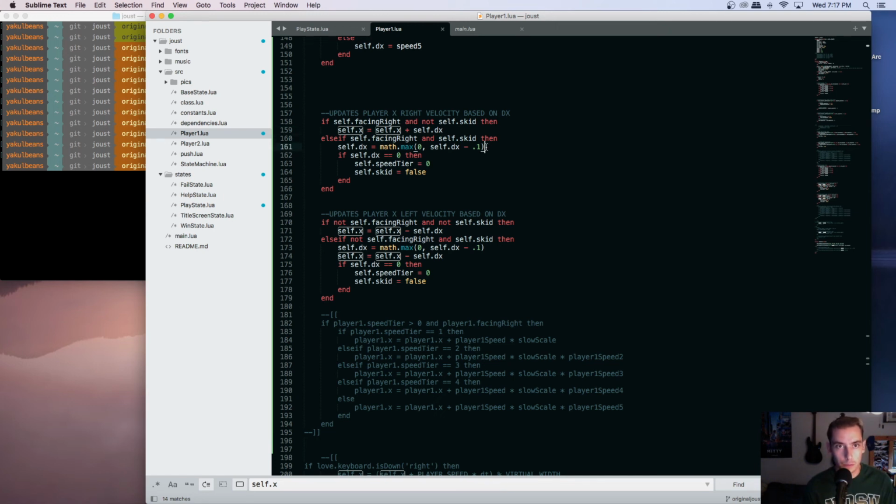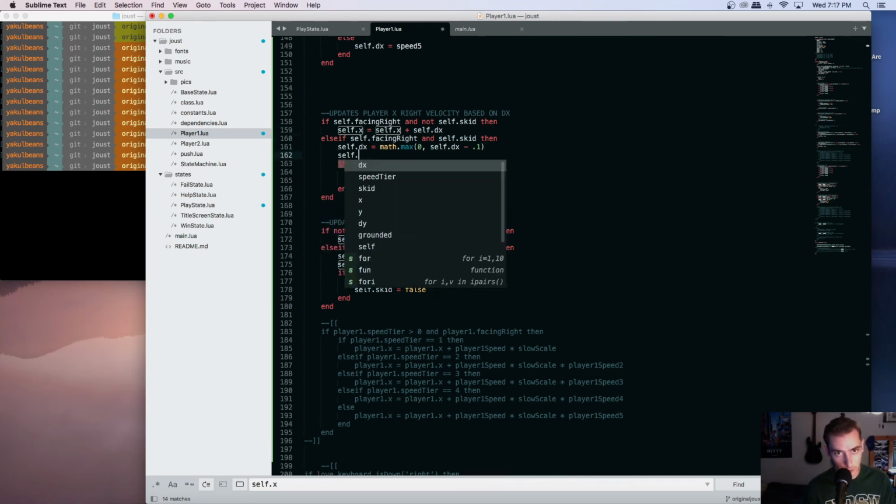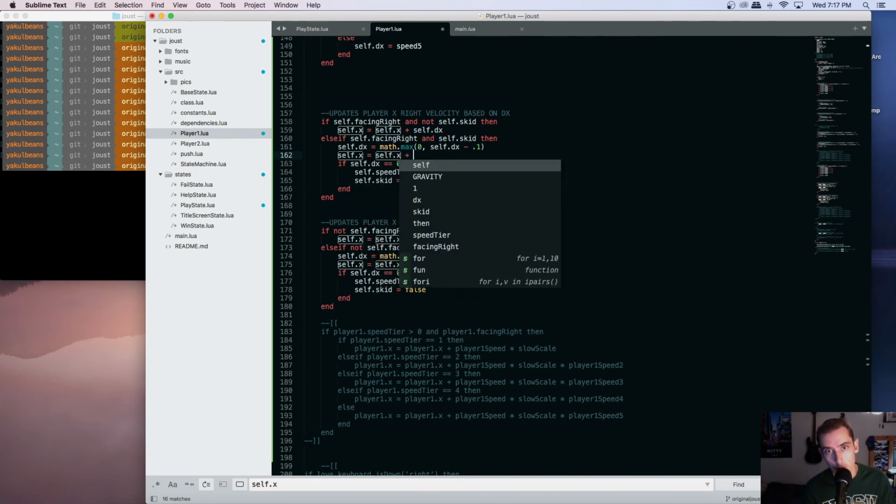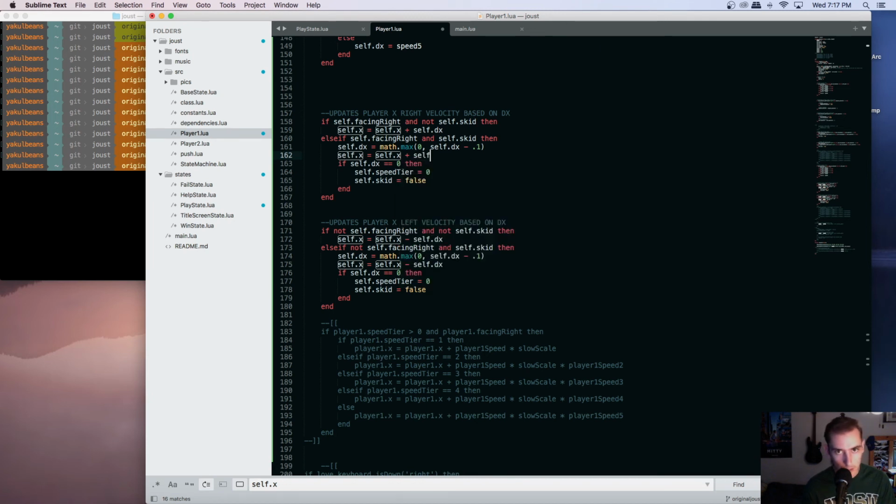I think that might actually fix it, but we'll see. Self.x gets its X shifted by its velocity. And let's see if that does a little skid for us.